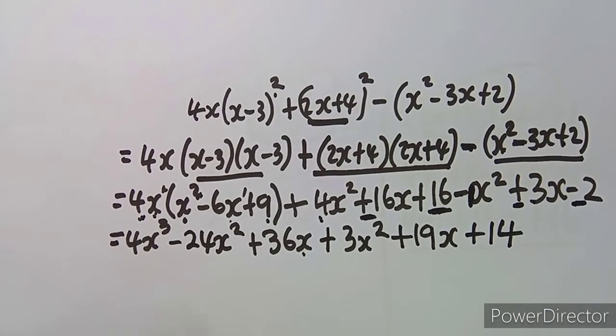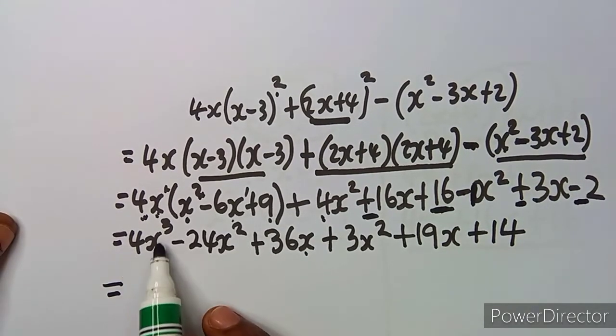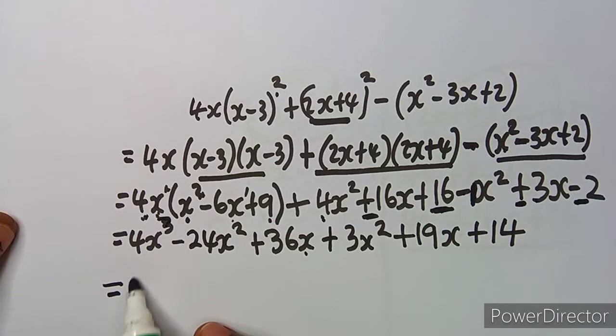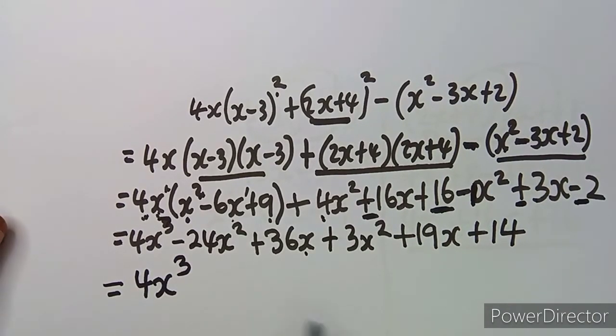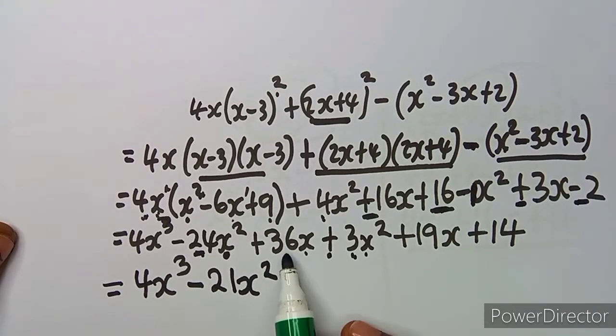let's move on. Collect like terms again, because as you can see, it's now a matter of collecting like terms. So this 4x to the exponent of 3 is no like term, so it's going to remain as it is, 4x to the exponent of 3. You are left with this part. There is minus 24x squared plus 3x squared, so it's minus 24 plus 3, which is minus 21 from your calculator, minus 21x squared.